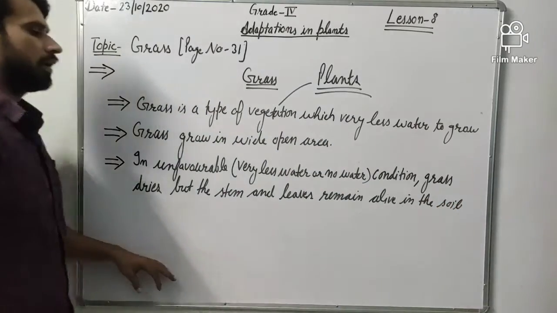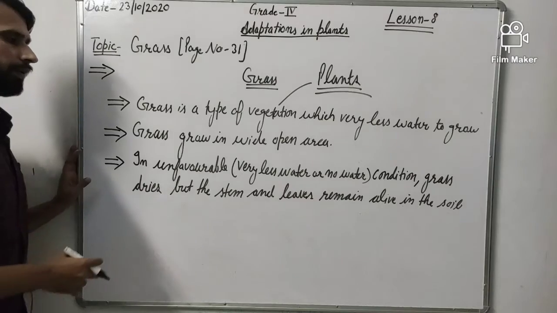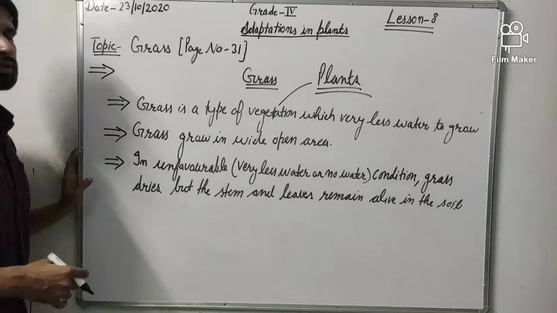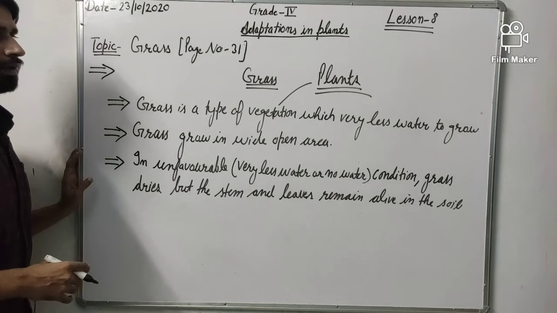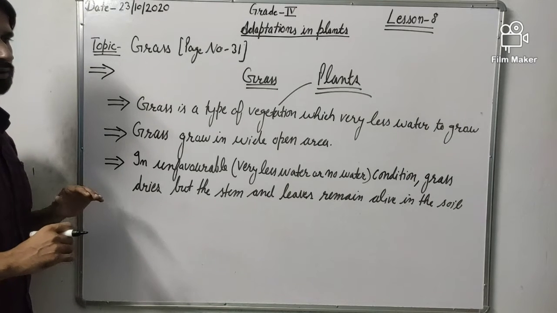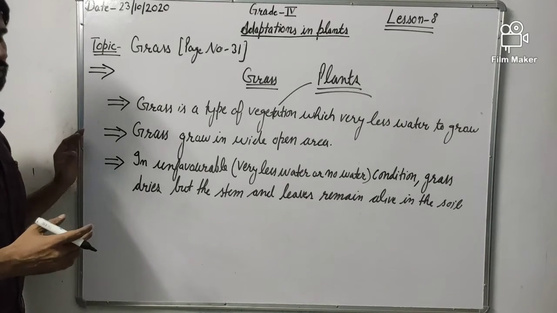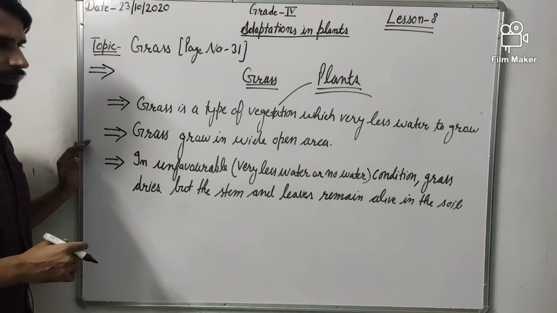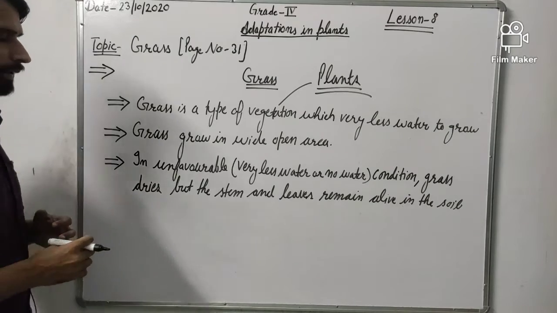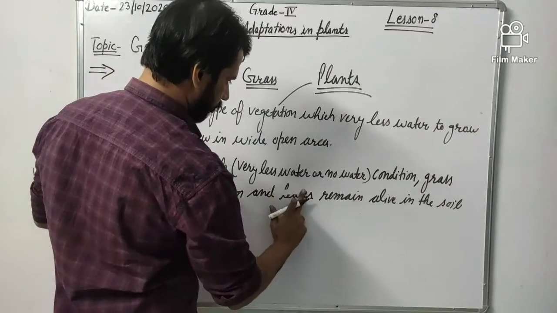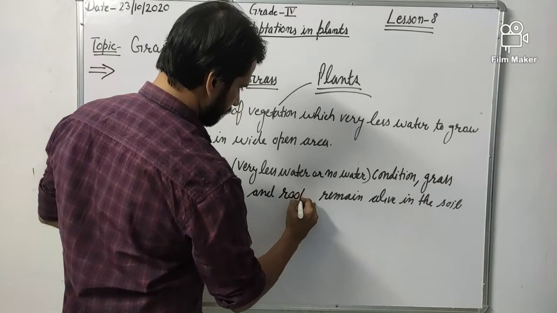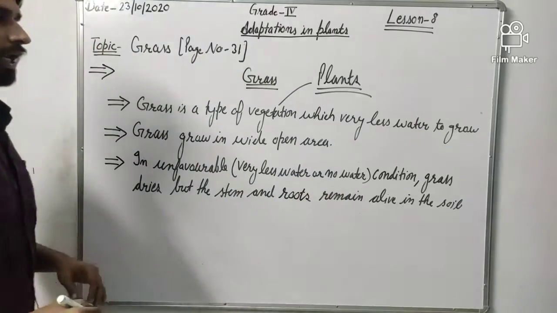It means that if there are unfavorable conditions to grow grasses, there is very less or no water on land, then at that time their upper part, the part which is in contact with the air, dries up. But the remaining part, the stem part and the root part, remains alive, and the roots remain alive in the soil.